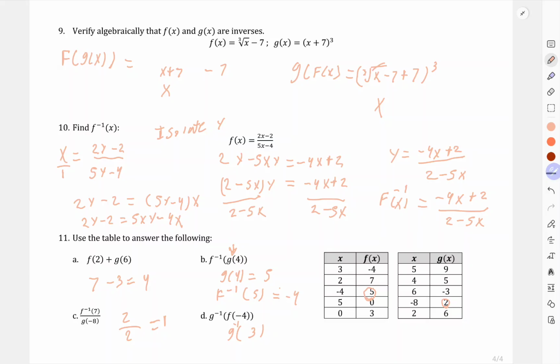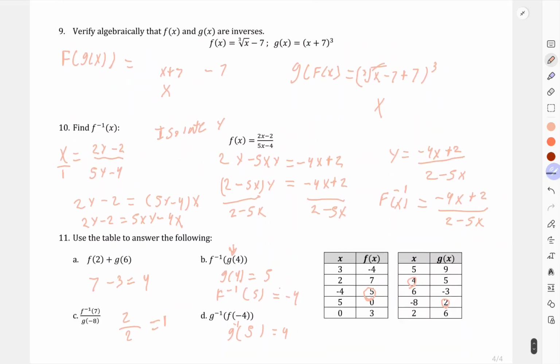Big brain thinking. Wait, I need to think about this. I will be right back. I actually messed up on this one. F of negative 4 is actually 5. So what is g of the inverse of 5? Well, that's just 4, because you know it's the inverse of g of x.